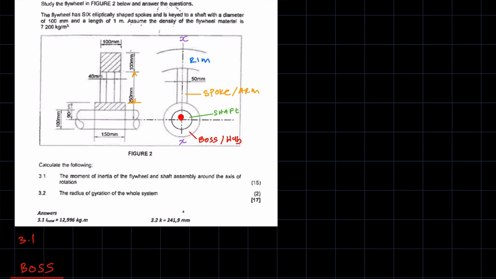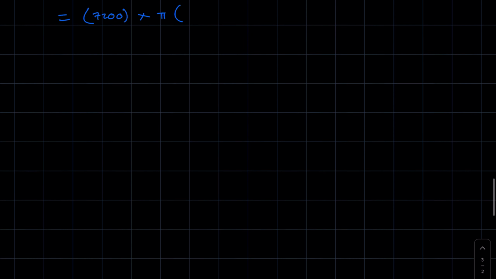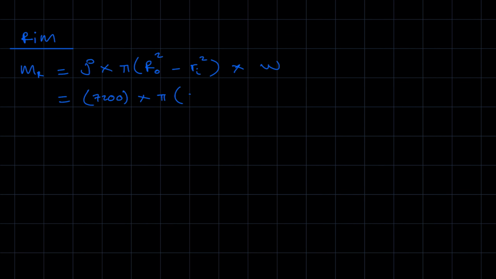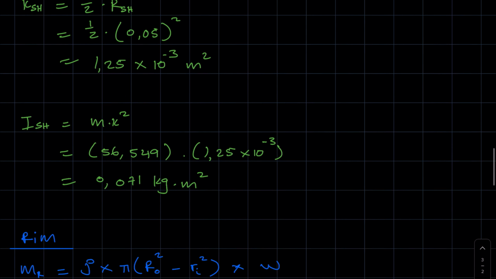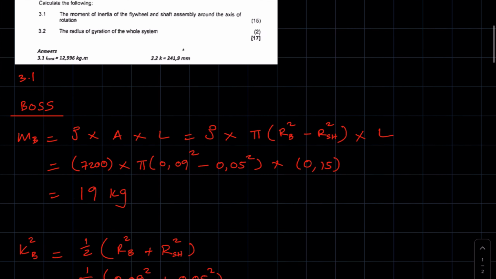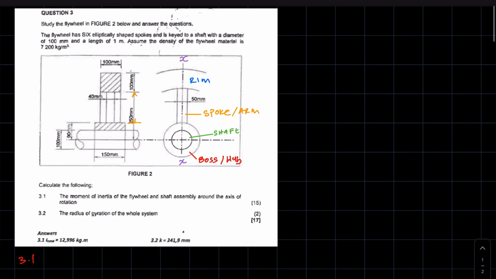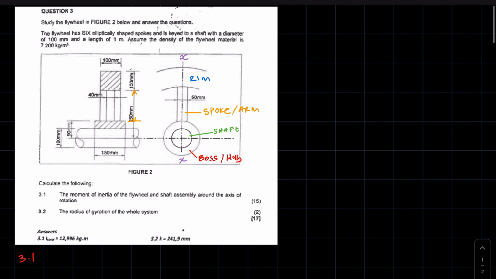The distance from here to there is the 100 plus the 250, which is 350 millimeters. So this here is 0.35 squared, minus the inside radius, which would then be from here to there, which is the 250.